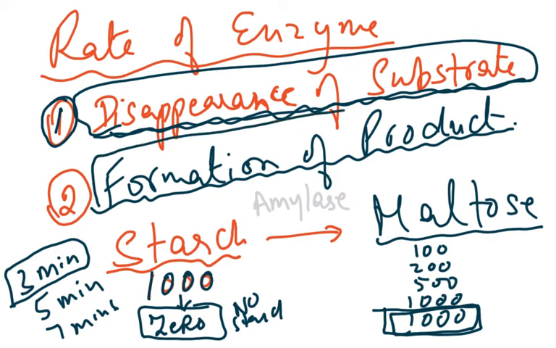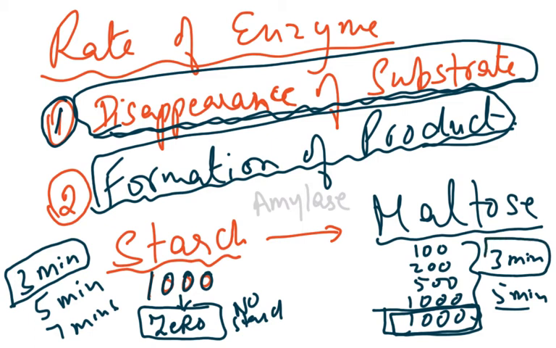So if this whole formation of product took place in 3 minutes rather than 5 minutes, that means this was a faster rate of reaction. So rate of enzyme action is studied on number one, disappearance of substrate, and number two, formation of product.